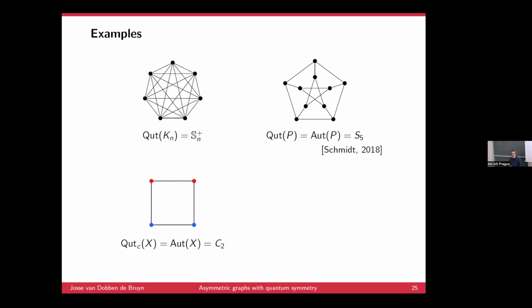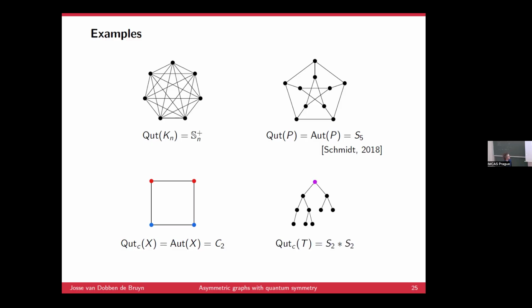Here we have a square with two red vertices on top and two blue vertices on the bottom. Every automorphism or quantum automorphism needs to respect the colors. So the only classical automorphism you have here is the reflection about the y-axis. And you can show that it's also the only quantum automorphism here.